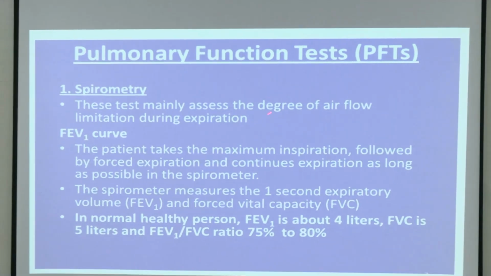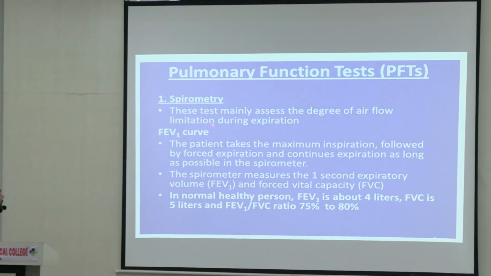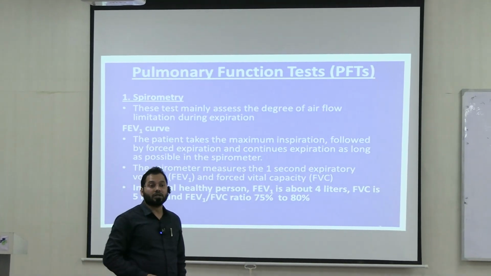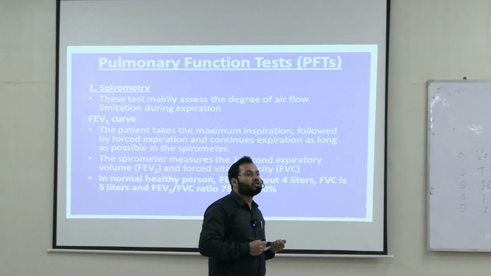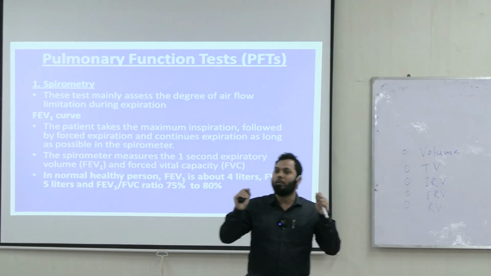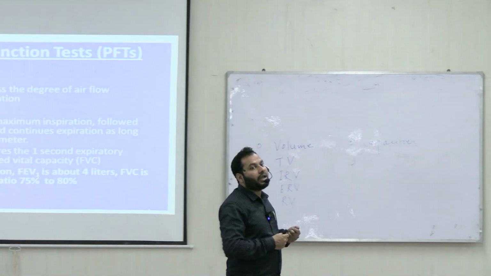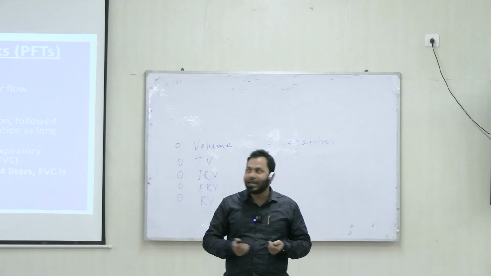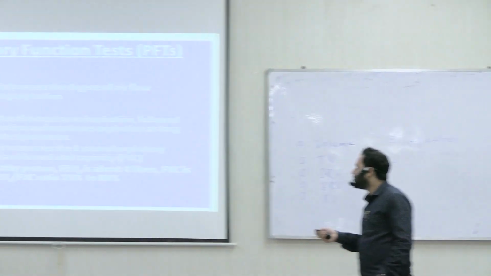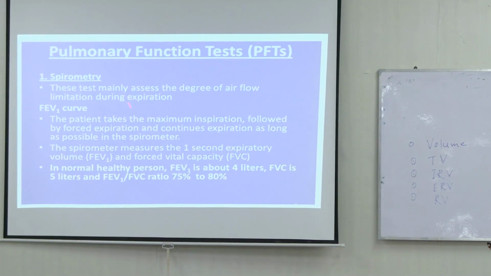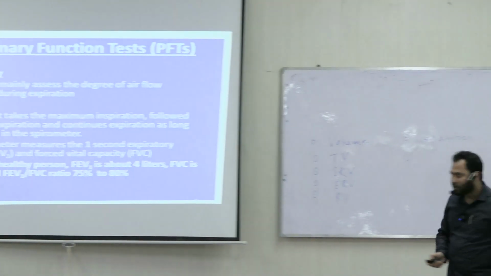These tests mainly assess the degree of airflow limitation during expiration. As I mentioned, in obstructive lung disease the most pronounced problem is in the exhalation process. So the spirometric test is used to assess the limitations during expiration, right?